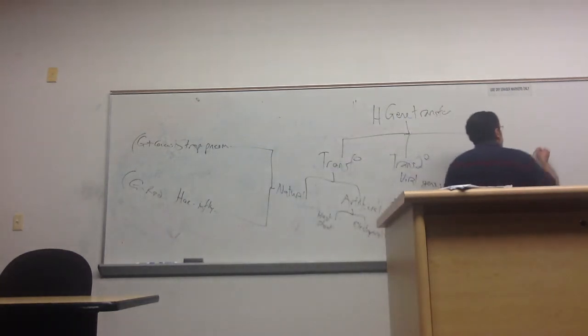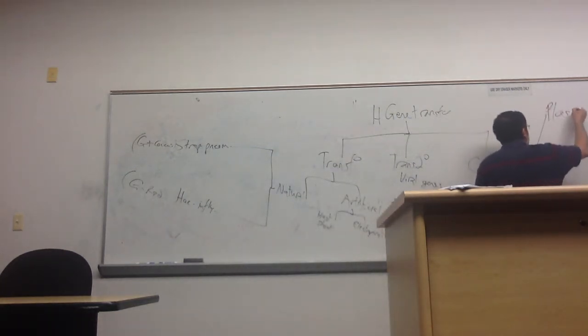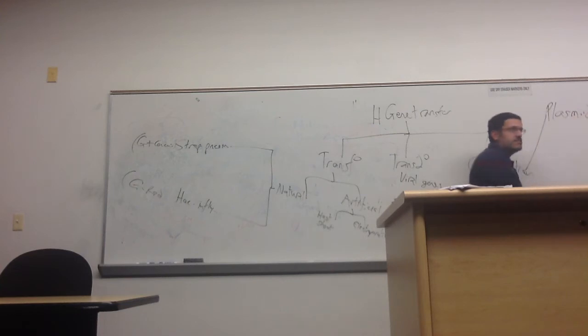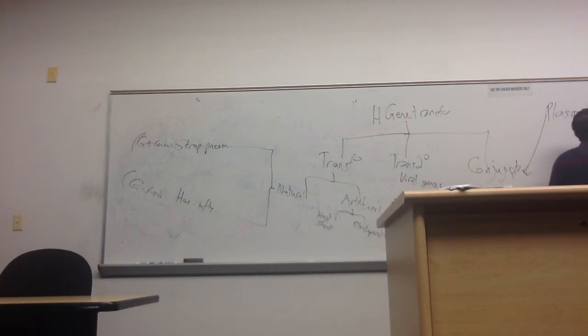Conjugation, there's a bunch of information here, starting with plasmids, be able to highlight the main types. We have resistance plasmids, bacteriocinogenic, metabolic, virulence, and fertility.